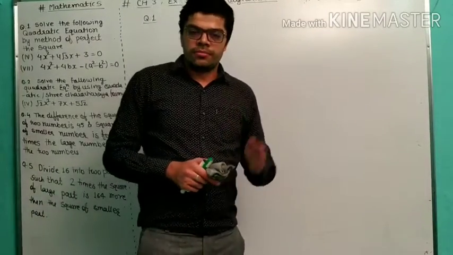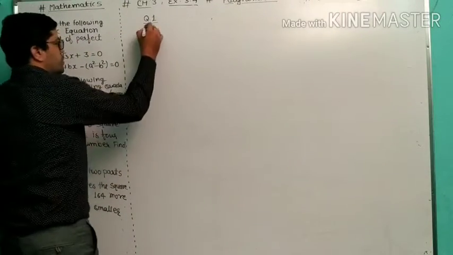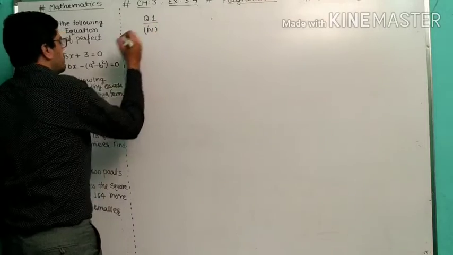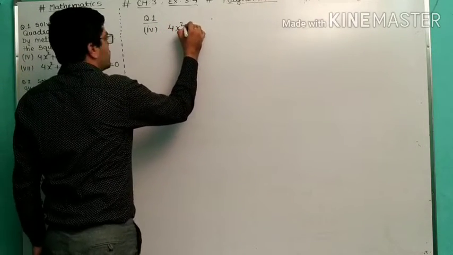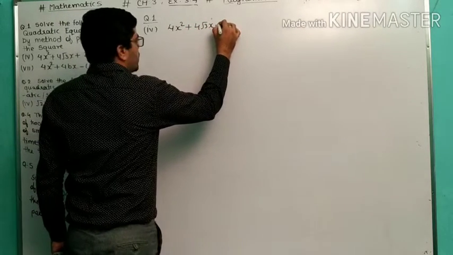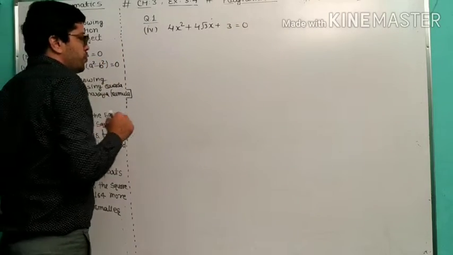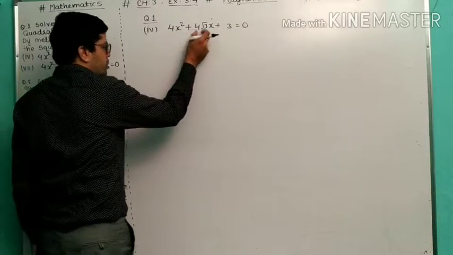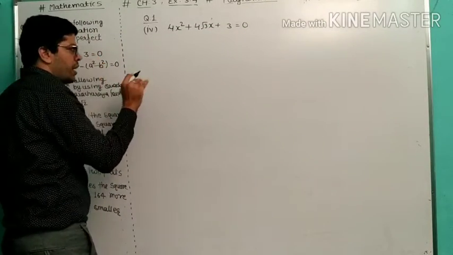Now we are doing question number first, part 4th. The question is 4x square plus 4 root 3 x plus 3 is equal to 0, and we have to solve this question by using the method of perfect square.